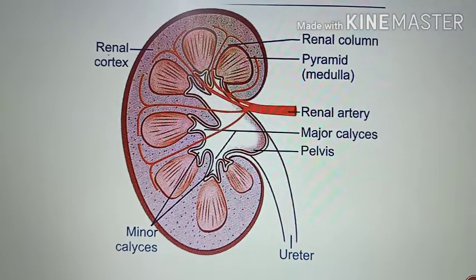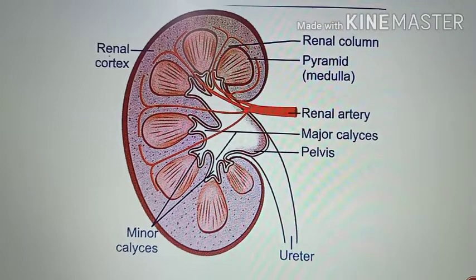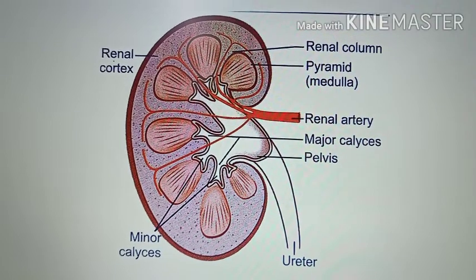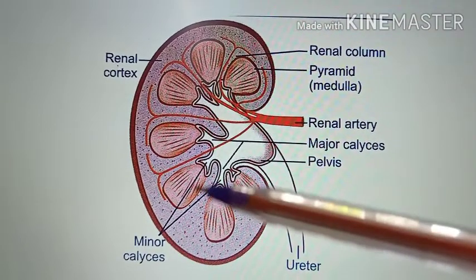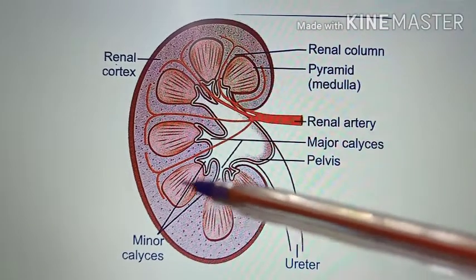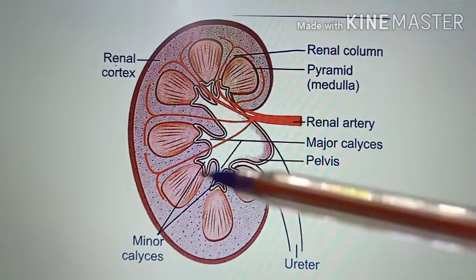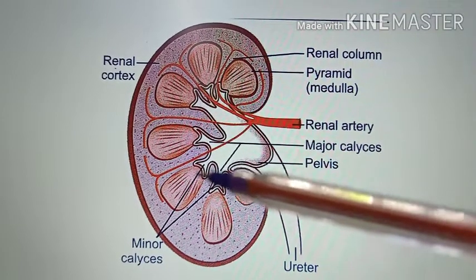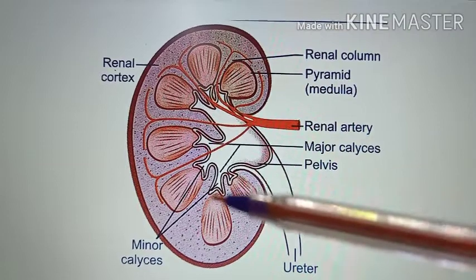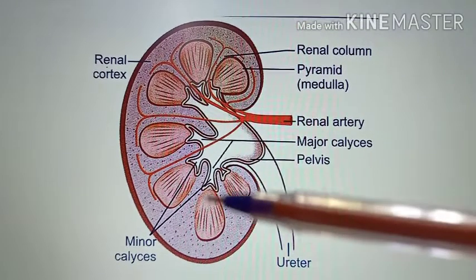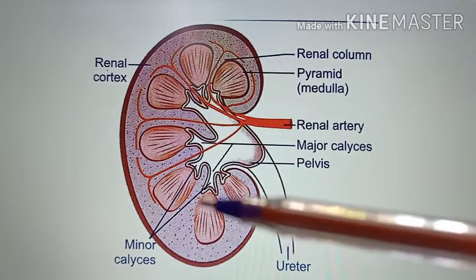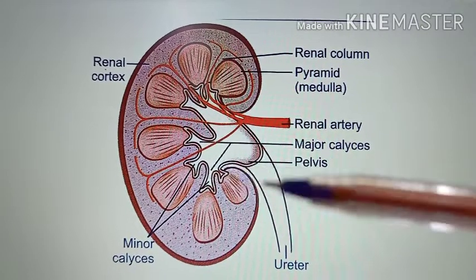The apex of the renal pyramid, called the renal papilla, fits into the funnel-shaped cup structure of the minor calyces. This is the renal pyramid, and the apex of it is called the renal papilla, which fits into the cup-shaped structure of the minor calyces.